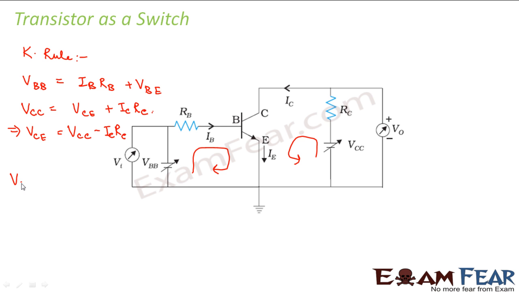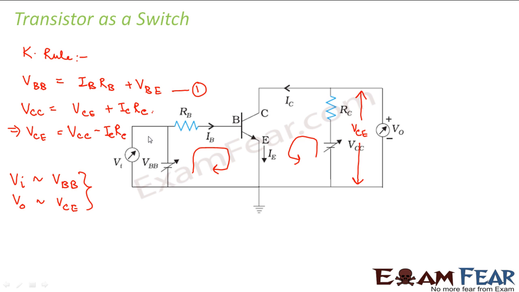So what is the input voltage? We can see that the input voltage is nothing but VBB, because it is applied across VBB. Similarly, the output voltage which we measure is nothing but VCE, the collector emitter voltage, which is the voltage difference between the collector and the emitter. So we can replace VBB and VCE with VI and V0 in the above two equations.